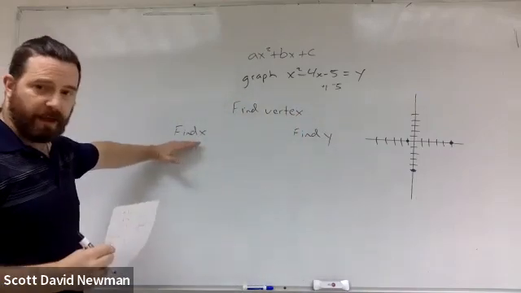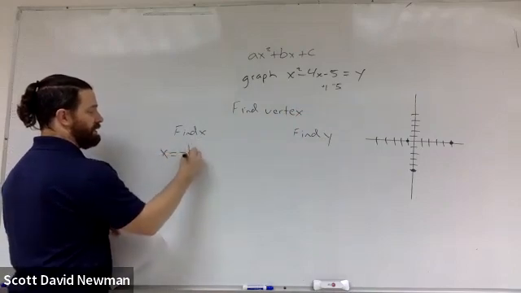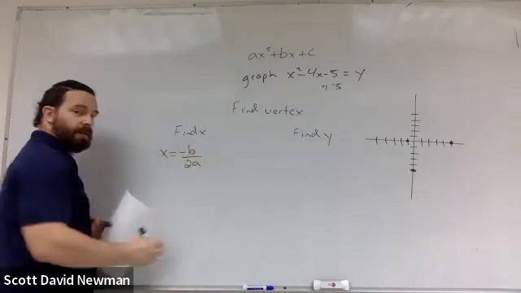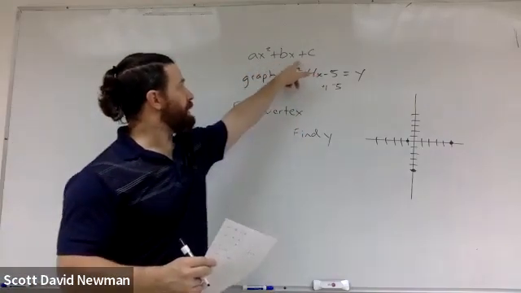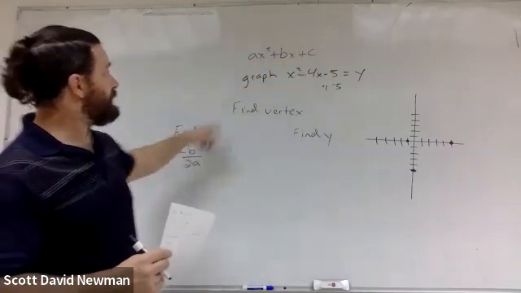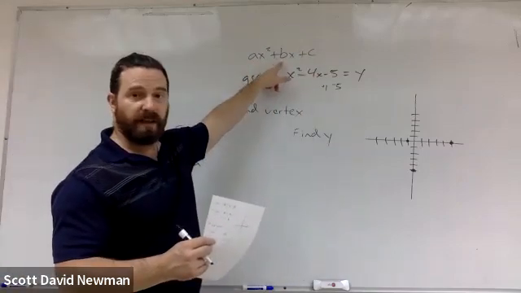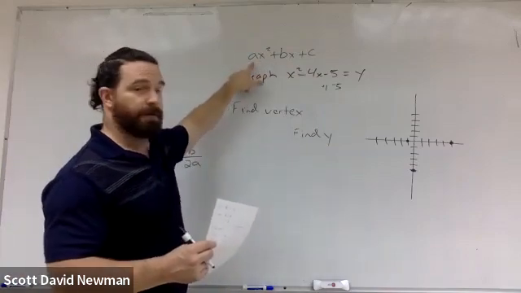In order to find the x, we're going to use a short formula: x equals -b over 2a. The b and the a are coming from the formula up here, ax squared plus bx plus c. So the b is always your middle term, the term with the x, and the a is always the term with the x squared.